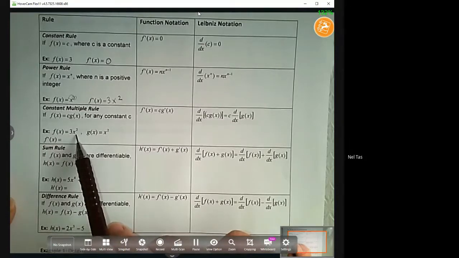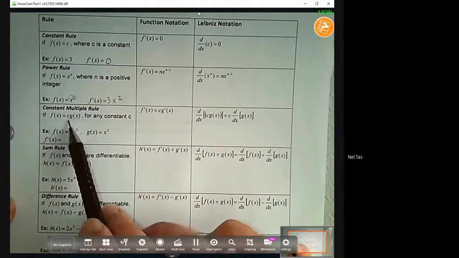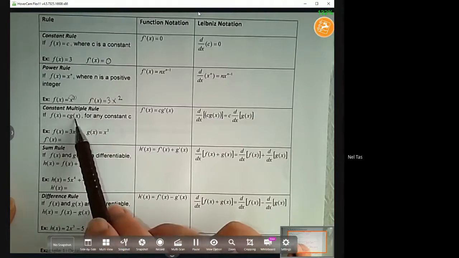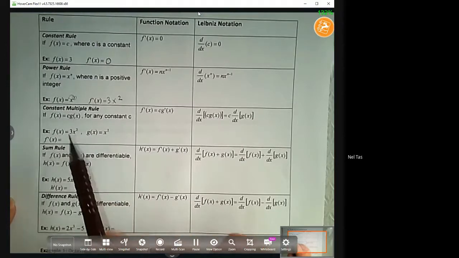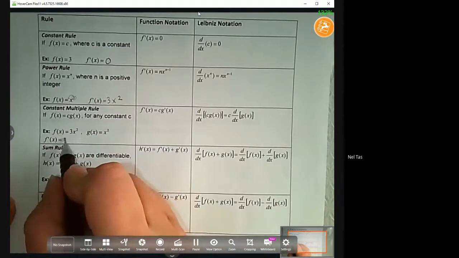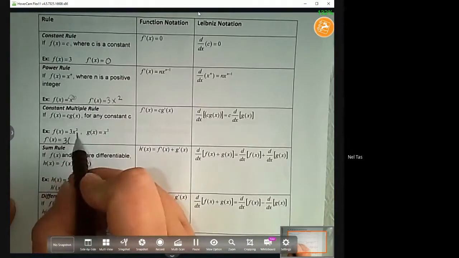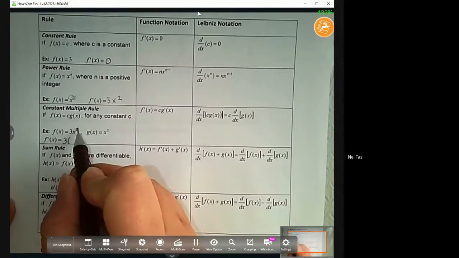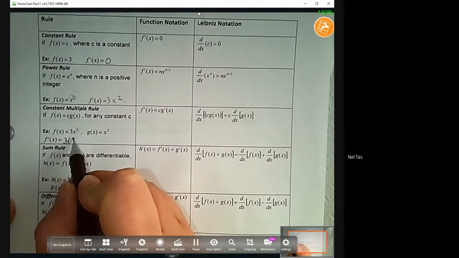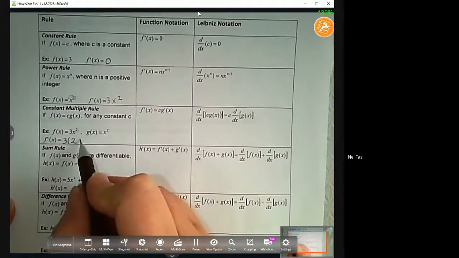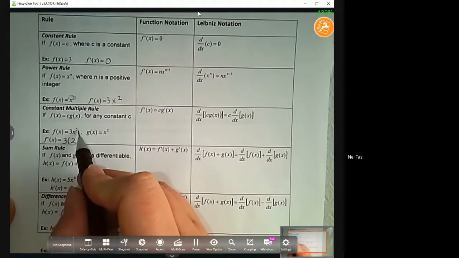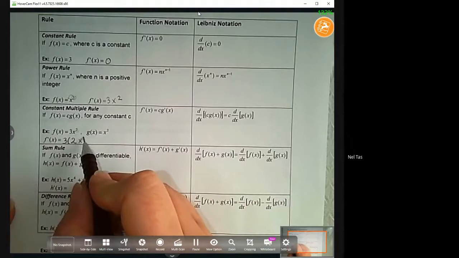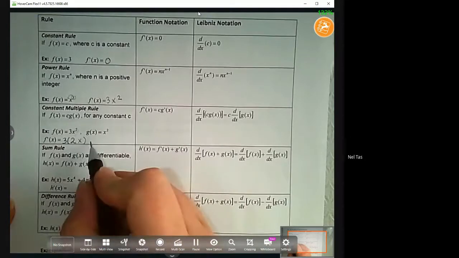Okay, so where c is 3 and g of x is x squared. When you take the derivative, you keep the constant 3, and then you have x squared as g of x, take the derivative of that. So take 2, drop it to the front as a coefficient, x, decrease the exponent by 1. 2 minus 1 gives you 1. This is equal to 6x.